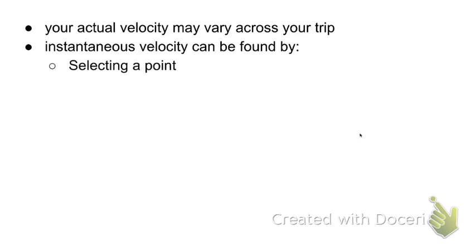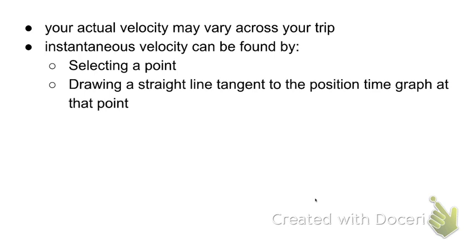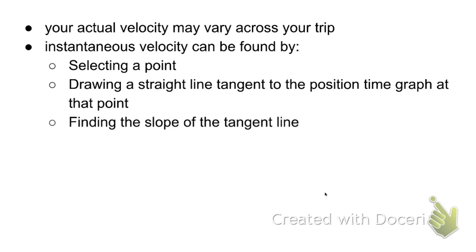You're just going to have to do some math for it. You will select any point on your graph, and then you will draw a line tangent to that point on the position time graph, and then find the slope of the tangent line, and that will give you your instantaneous velocity.